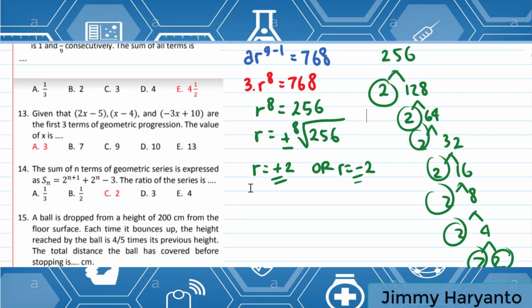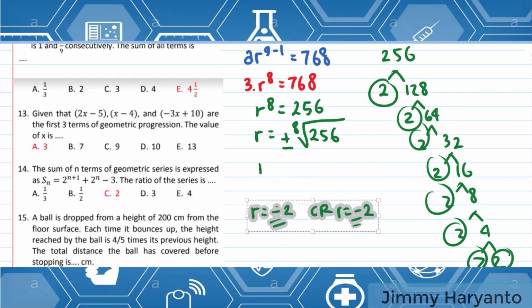So I can write it like this: plus minus 8th root of 2 to the power of 8. We know that if we have the 8th root and then we have power 8, it cancels out. So the result will be only 2. But because we have plus minus in front of it, the result will be plus 2 or minus 2.